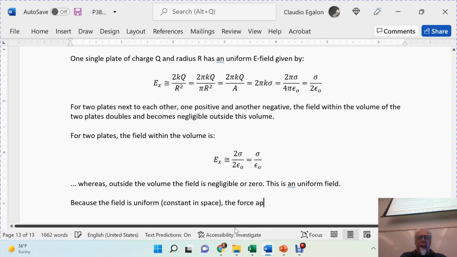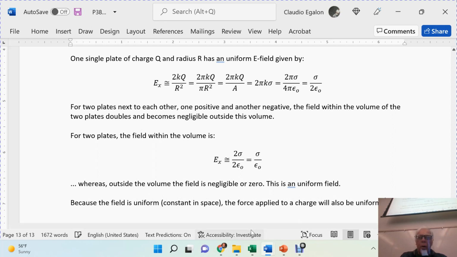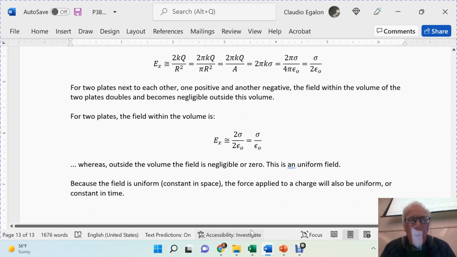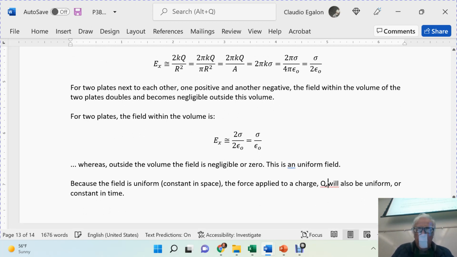The force applied to a charge will also be uniform or constant in time. Okay, so we can write it down. Force applied to a charge q.